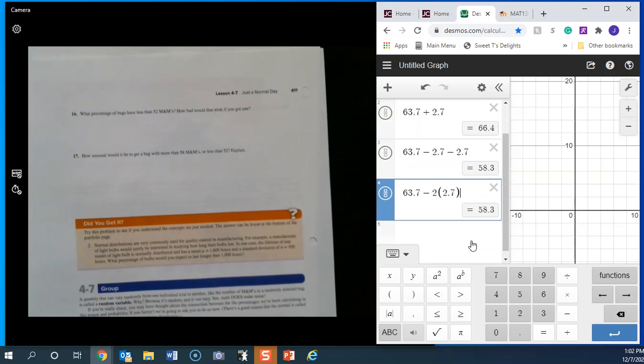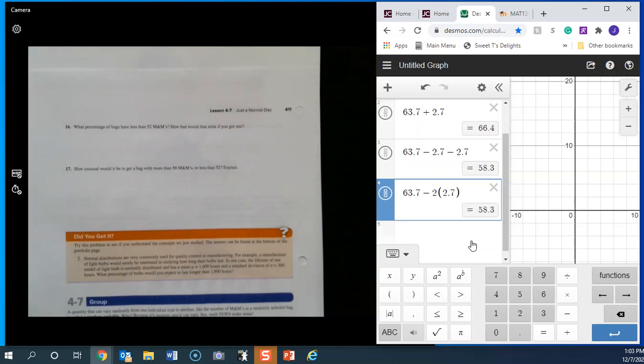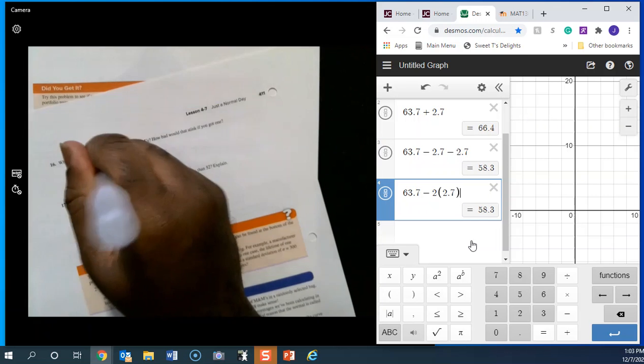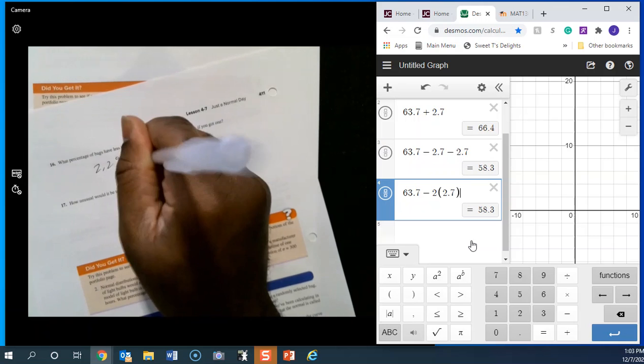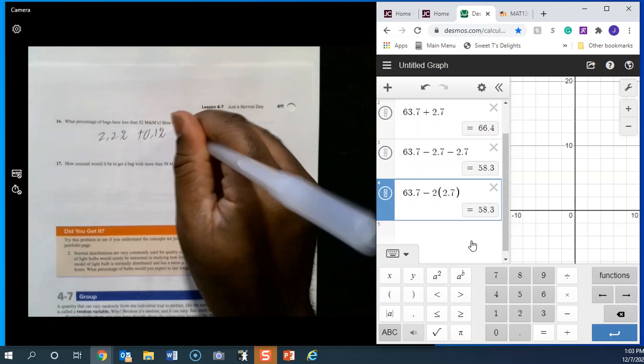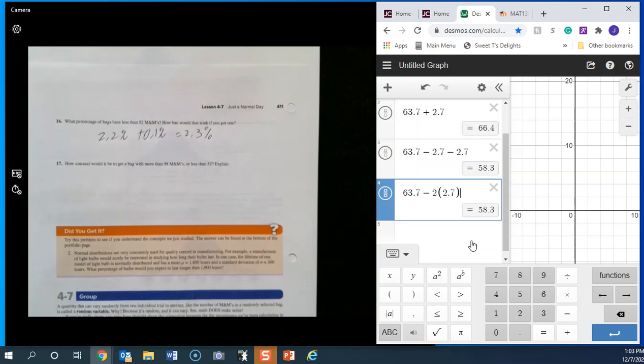Now we go here to the back. It says, what percentage of bags have less than 52 M&Ms? How bad would that stink if you got it? Okay, less than 52. So we would go here, and less than 52 would be that 2.2% and a 0.1%. So that'll be 2.3%. Okay, 17.